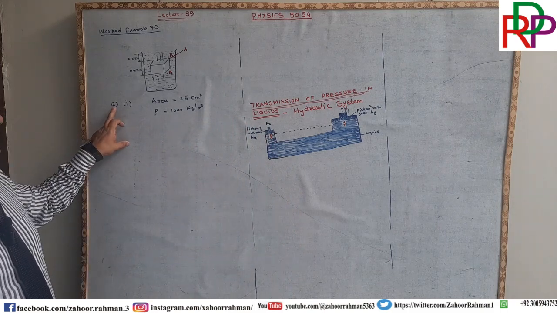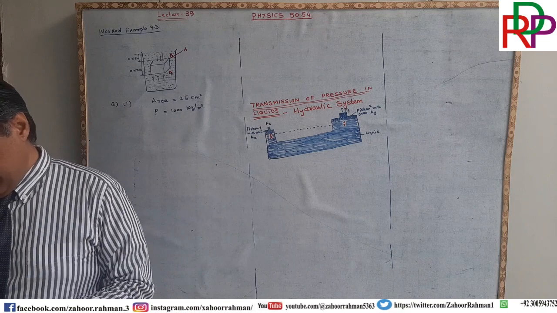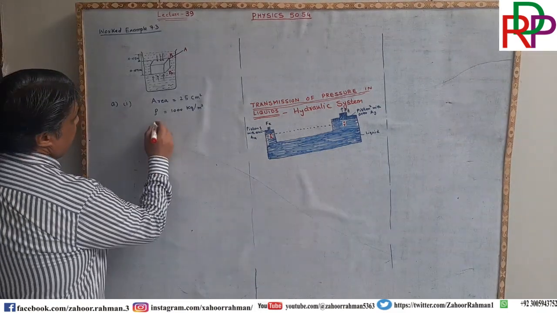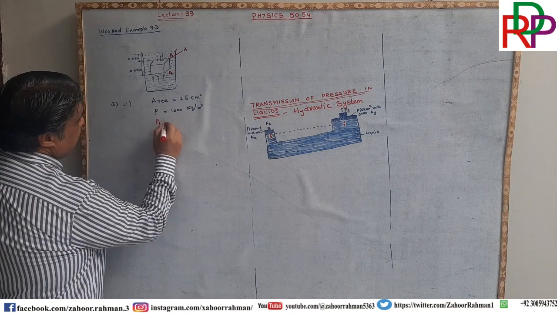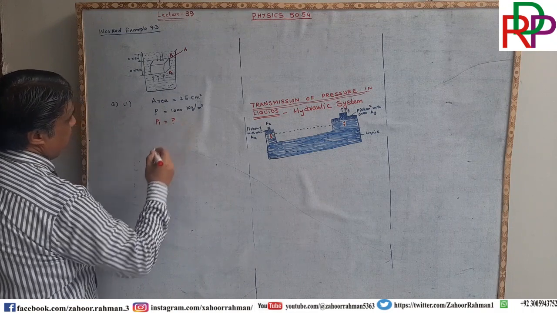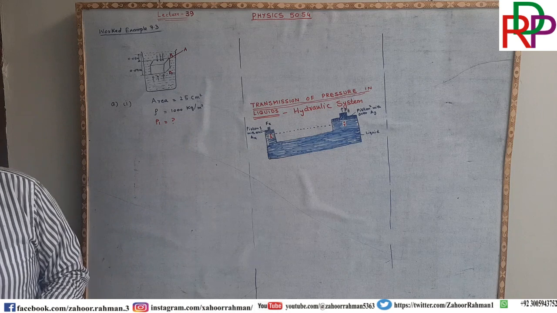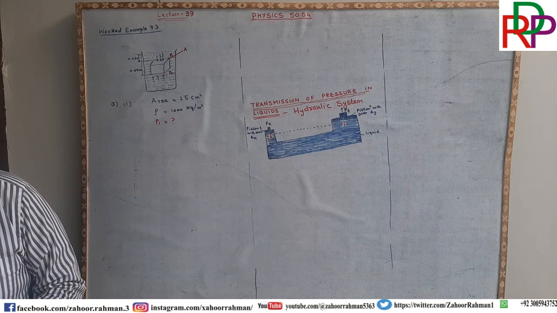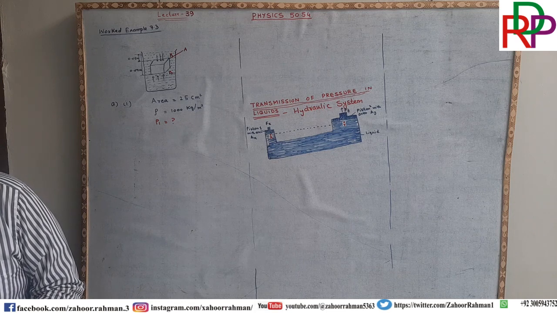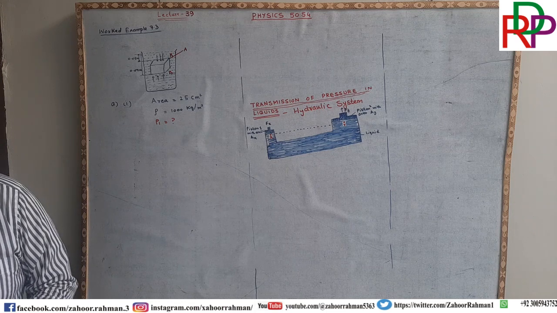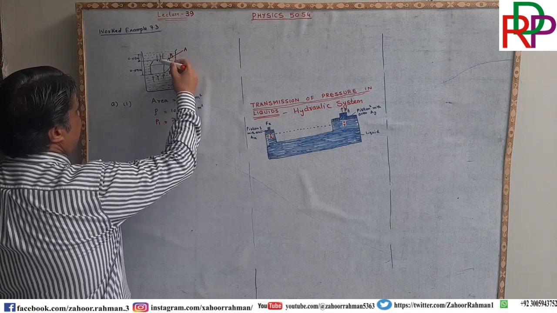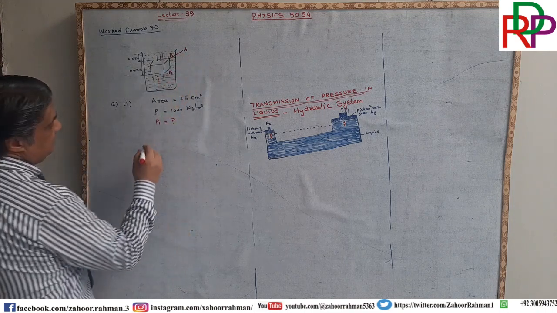In part A1, they are saying find the pressure P1 due to the water only acting on the top surface. We have to find the pressure on the top surface.